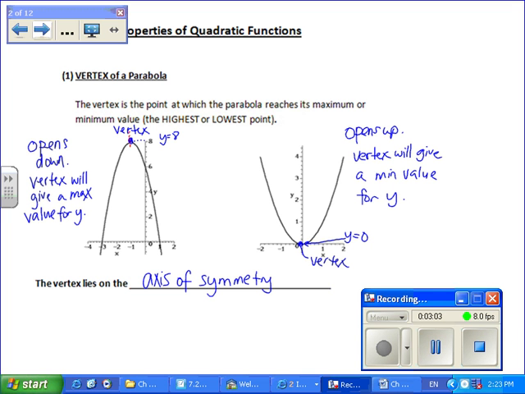If I took my ruler and tried to draw a nice straight line, it looks like it goes right through x equals -1. There's my axis of symmetry.